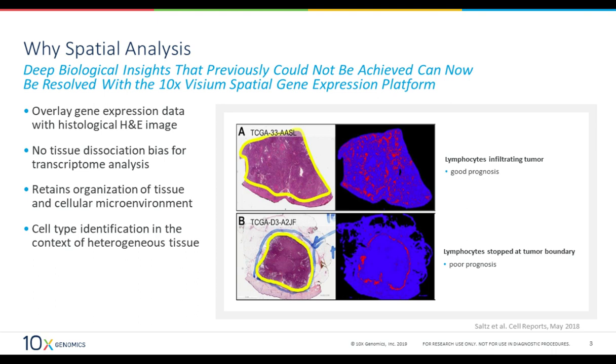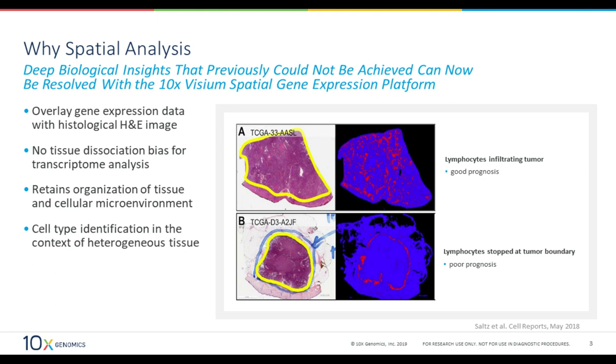So why would you want to do what we call spatial analysis, and what is spatial analysis? Spatial is essentially overlaying gene expression onto an H&E image. There is the ability to section tissues and then look at gene expression globally within that tissue and localize it to areas you might be interested in. This allows you to do gene expression without any kind of tissue dissociation.